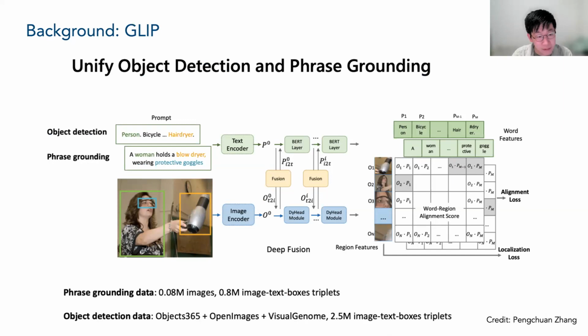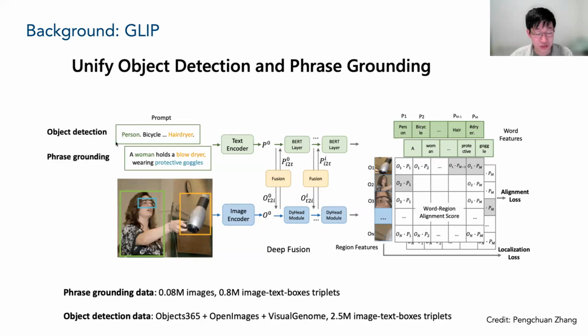Okay, so traditionally object detection is mainly treated as a classification task where you're just predicting from a fixed vocabulary. Here we convert it into a language-based task where you write what you want to detect into a prompt, and the model will try to align regions in the image with words in your prompt.